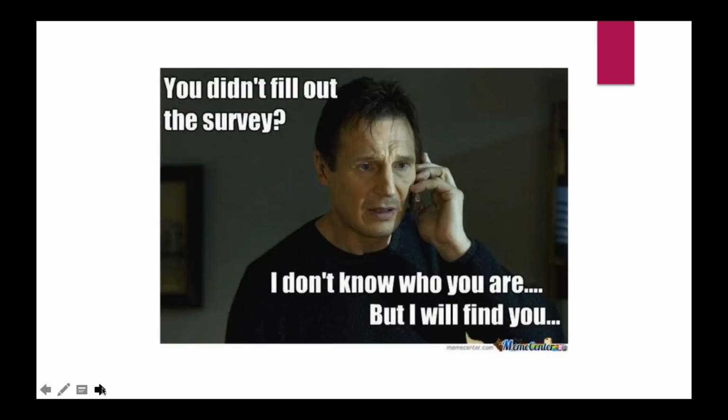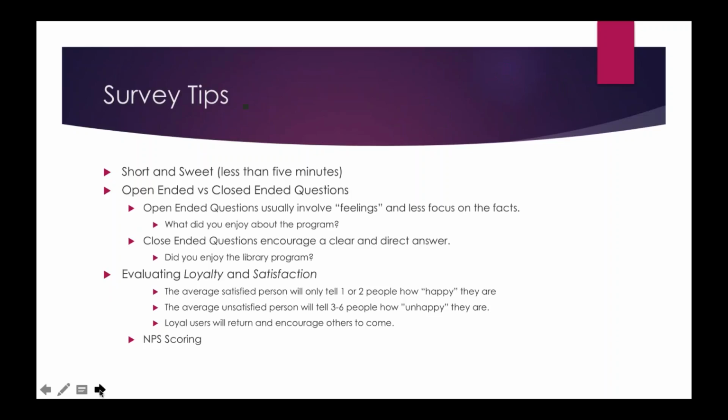But getting survey data and finding out what does and doesn't work is a daunting task. Because as you know, most people don't fill out their surveys. So to help reach those goals, here are some survey tips in at least planning for your makerspace and what to do next. Keep them short and sweet.